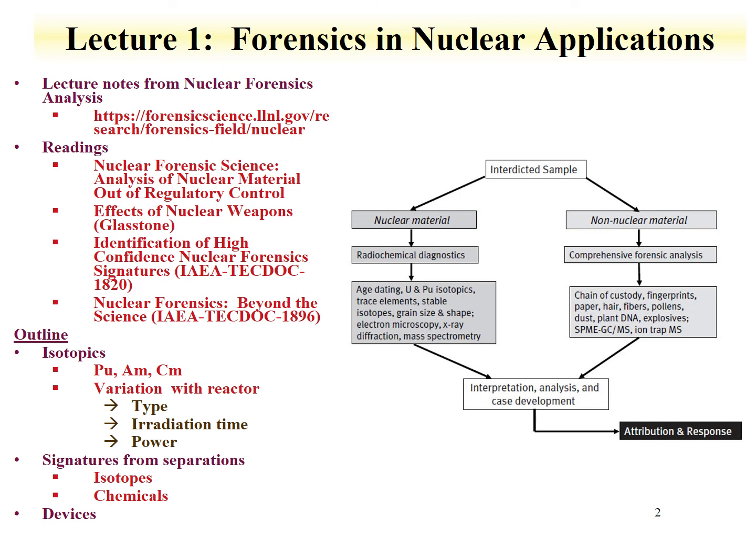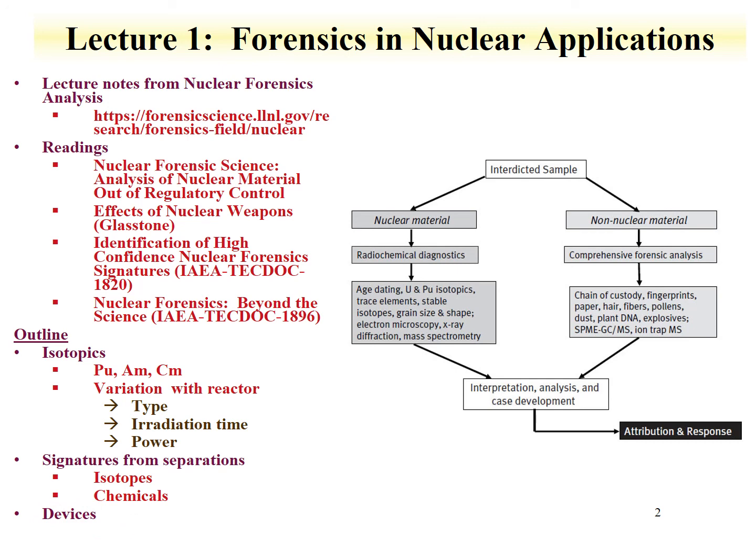We'll also talk about the chemicals that are present in separations. And again, the stable, non-active chemicals can provide an understanding of the chemical separation route that was used for producing the nuclear material. And finally, we'll end this lecture on a short description of devices.